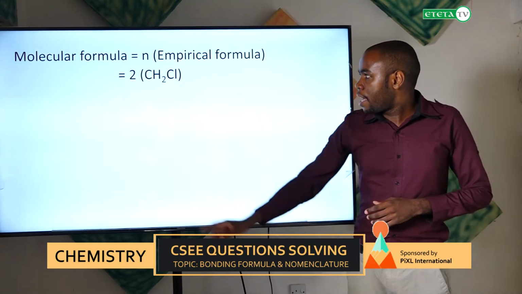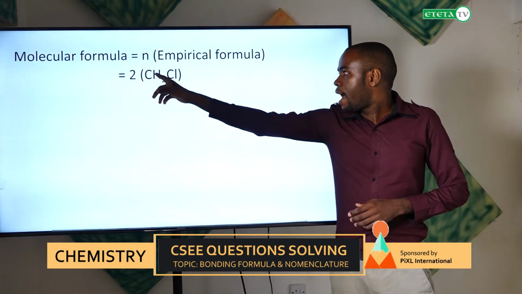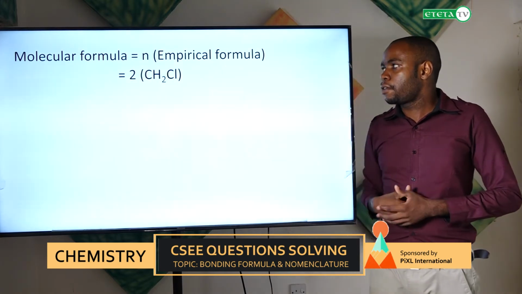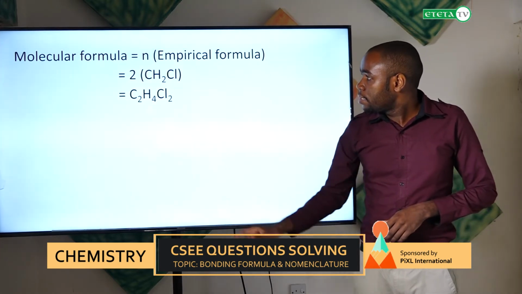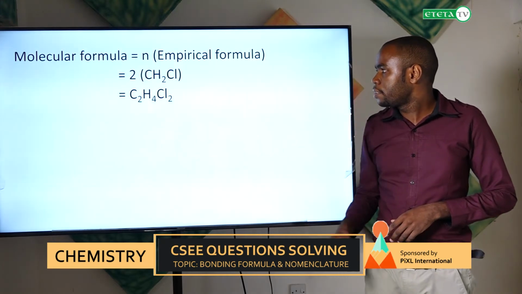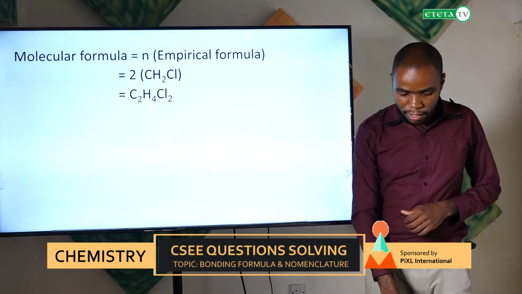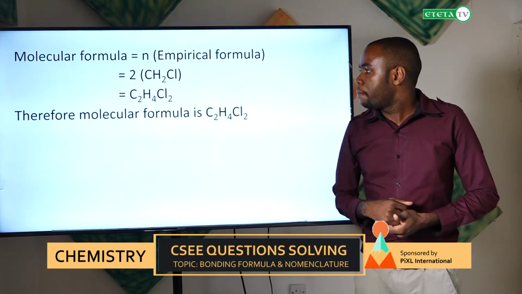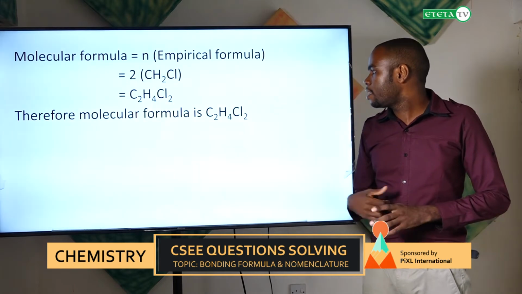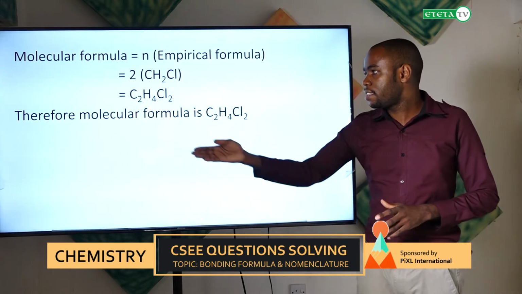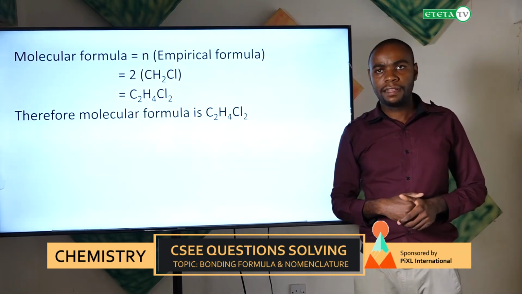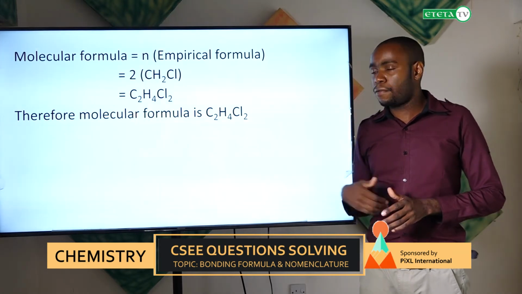If you multiply, because in carbon you have 1, hydrogen you have 2, and chlorine you have 1, it will be C2H4Cl2. And for that matter, the molecular formula is C2H4Cl2. So this is the molecular formula, and this is the answer for question Roman 1.